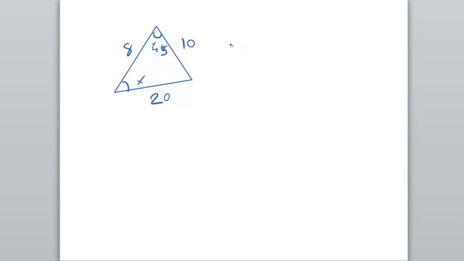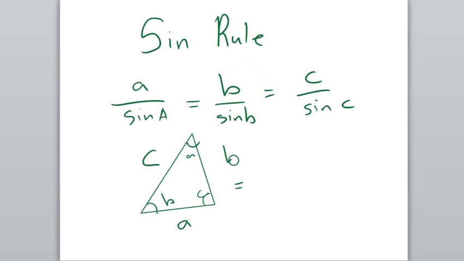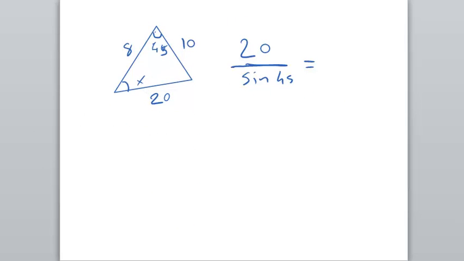Let's use the rule, which is 20 over sine A, which is sine 45, is equal to, you remember here, B, so which is x, sine B under 10, so it is 10 over sine x.